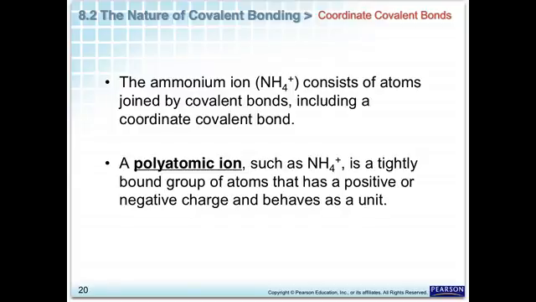Additionally, we have polyatomic ions, which are a group of atoms that are held together by covalent bonds and also coordinate covalent bonds. But at the end of this bonding, we wind up with a charge on the group of atoms, making it an ion.